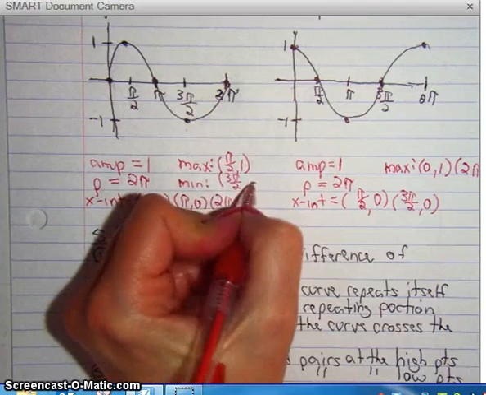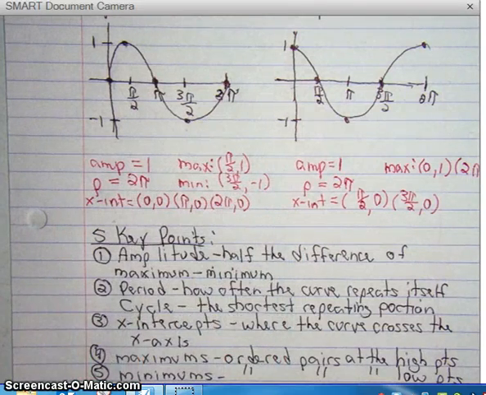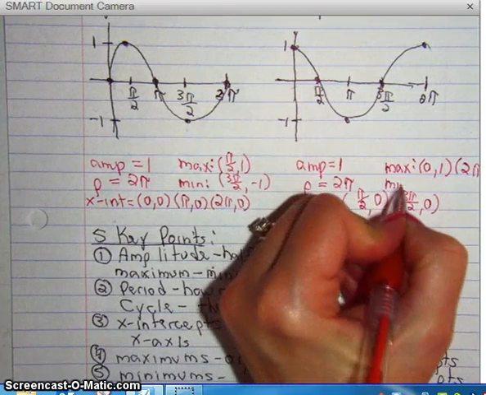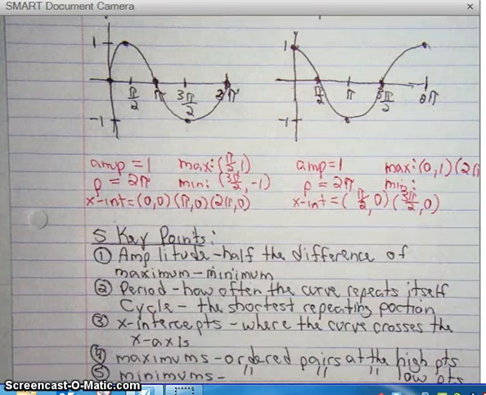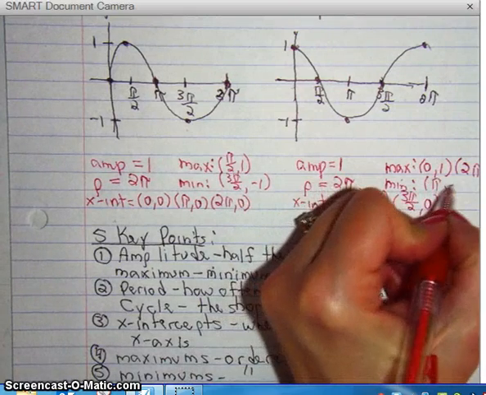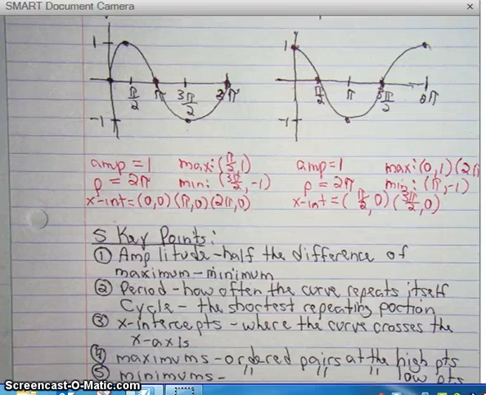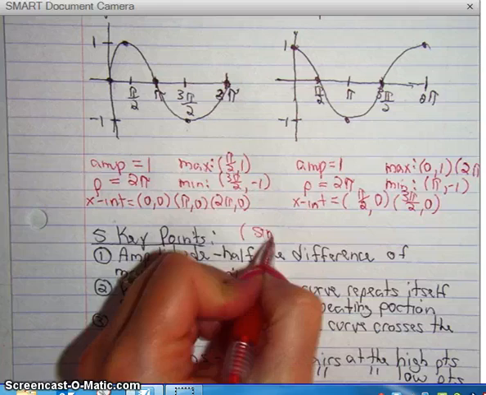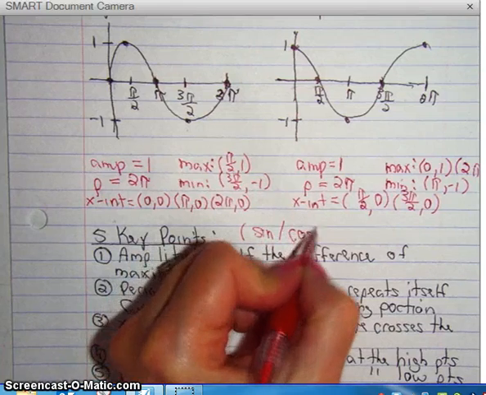Good. Thank you, ma'am. And then Miss Haley, one minimum over here. Pi, -1. Good. Now, these are the 5 key points for sine and cosine.